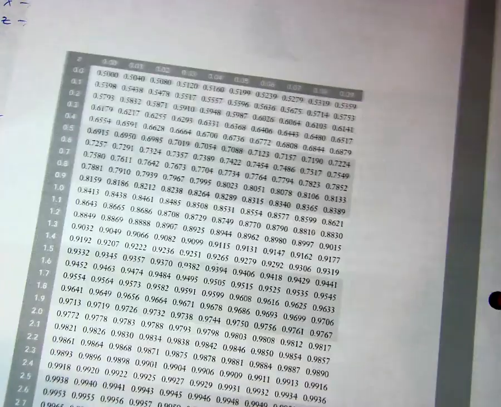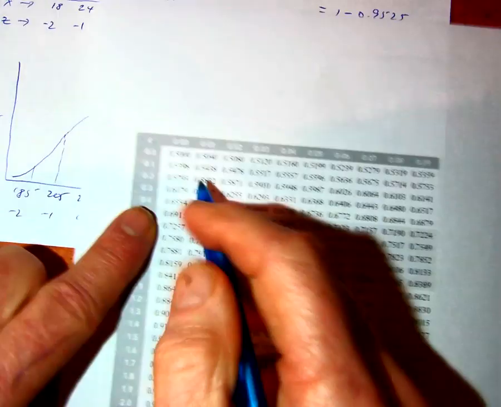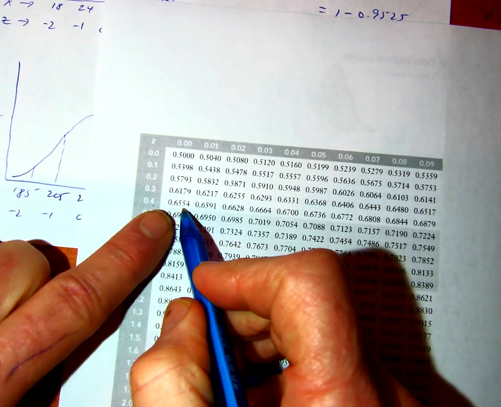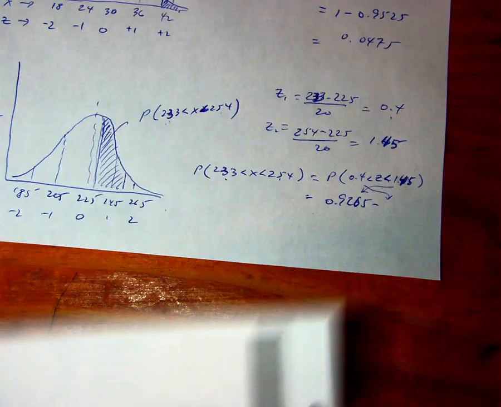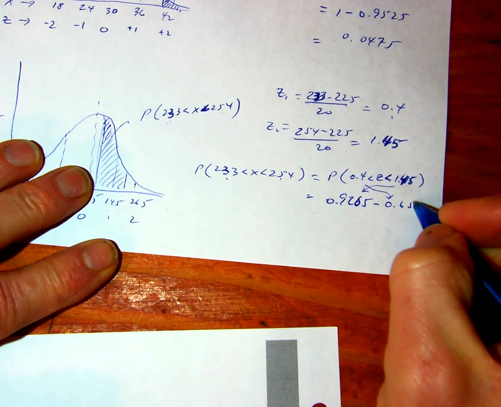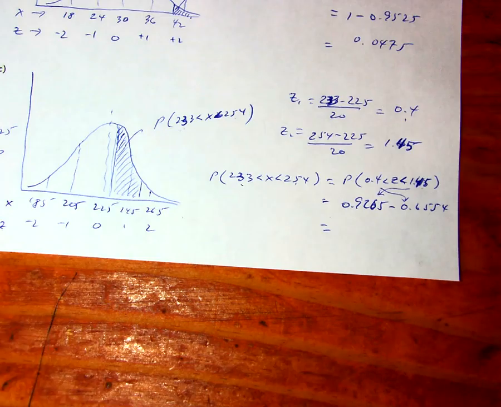The probability for 0.4 is 0.6554. You don't subtract it from 1 because you're not doing the complement. You are just subtracting two values.